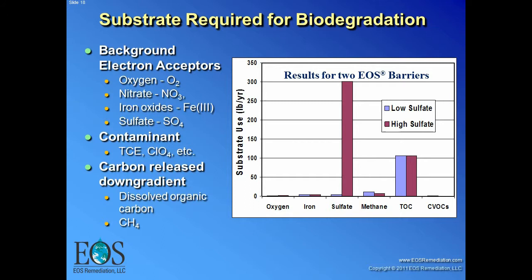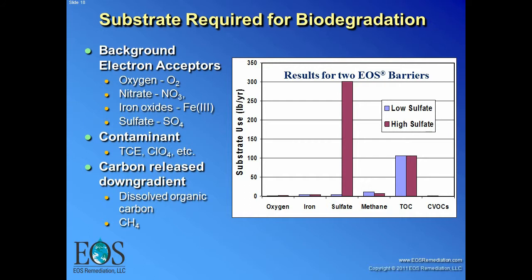That's not necessarily a bad thing, but it is going to deplete your barrier over time. And then the other item is sulfate. At one of the sites, the sulfate concentration was relatively low, so it was not important. But at another site, we had really high sulfate concentration, so that was by far the large majority of the electron donor demand.